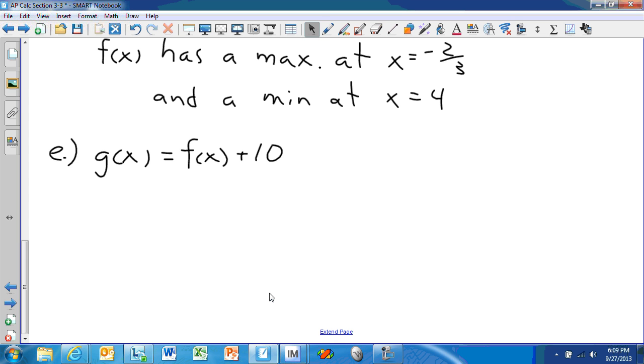So if we go back and recall what adding 10 to a function does, adding 10 onto a function is a vertical translation. It's a vertical shift. It's going to shift it up 10 units. So this is a vertical translation of 10 units. It's going to shift it up 10 units. I should say up 10 units.